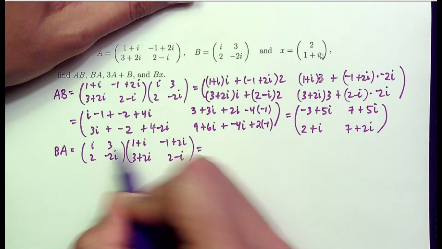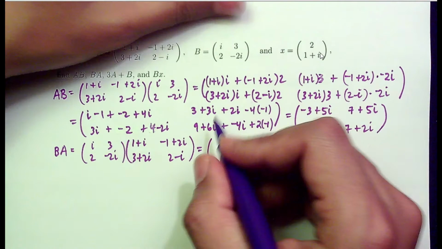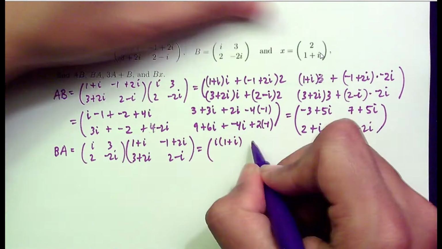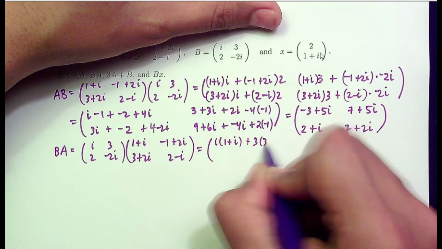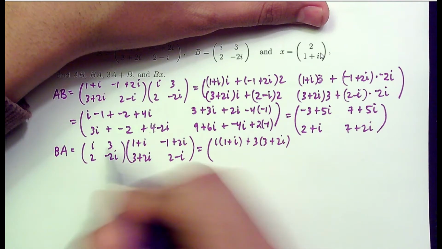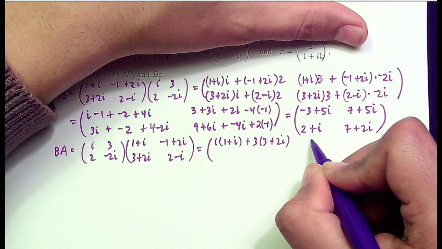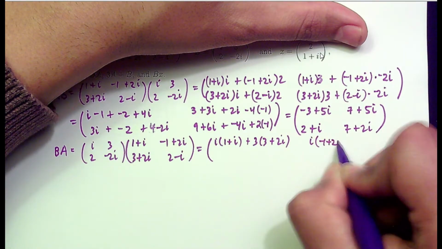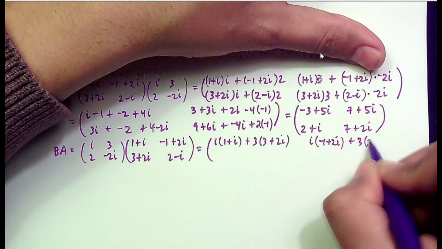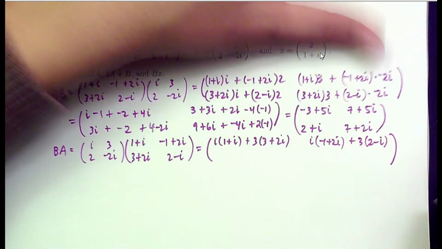First row with the first column, dot product. So this is i times 1 plus i, plus 3 times 3 plus 2i. Then first row with second column will be i times negative 1 plus 2i plus 3 times 2 minus i.